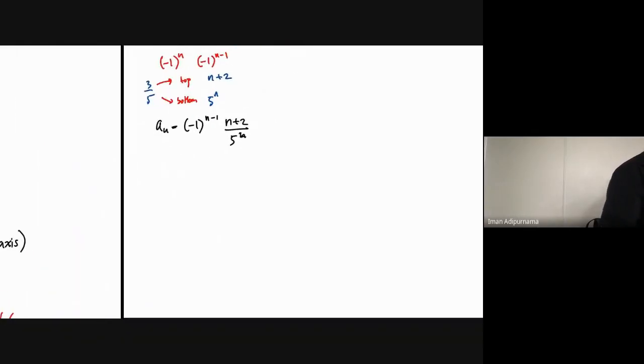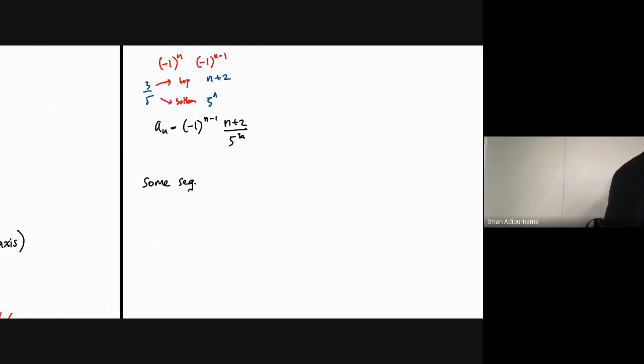Let me write here just some examples. Some sequences that don't have a simple defining equation, but somehow we can write this sequence.